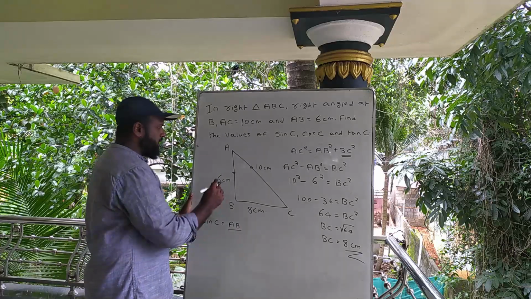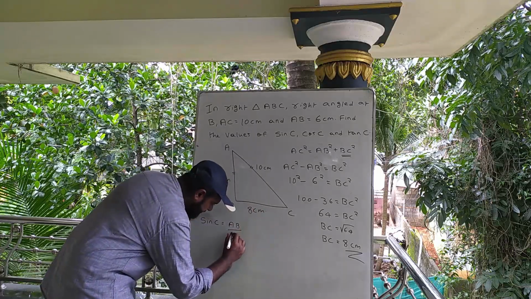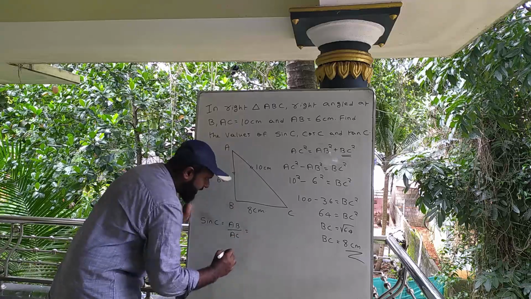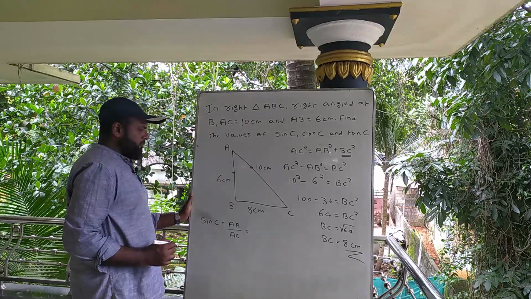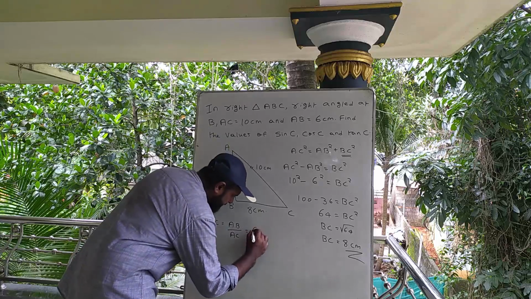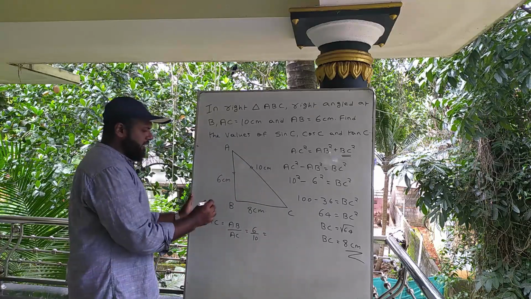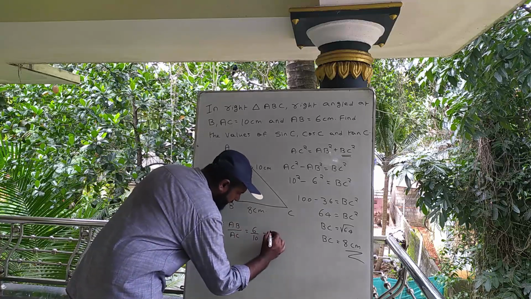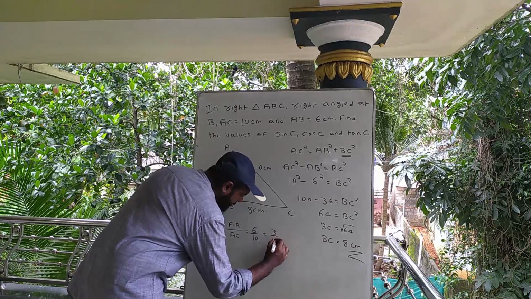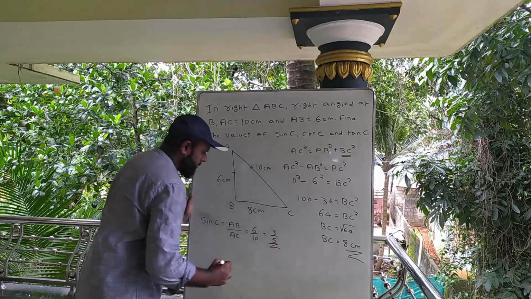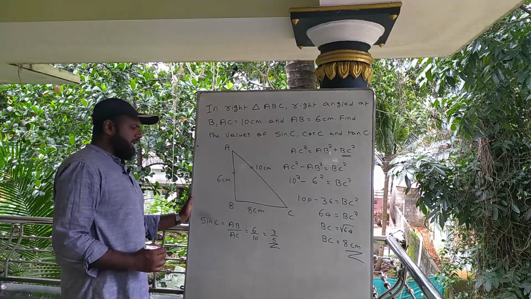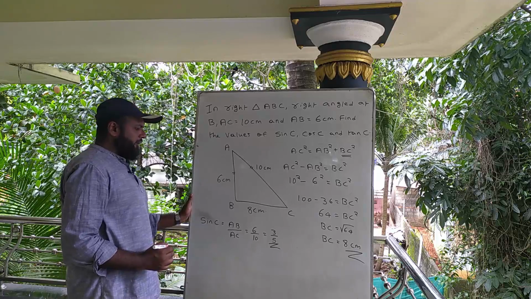What is hypotenuse here? AC. AB by AC equal to 6 by 10. What is 6 by 10? We can cancel with 2. So, we will get 3 by 5. Sin C is 3 by 5. We can find what is cos C.